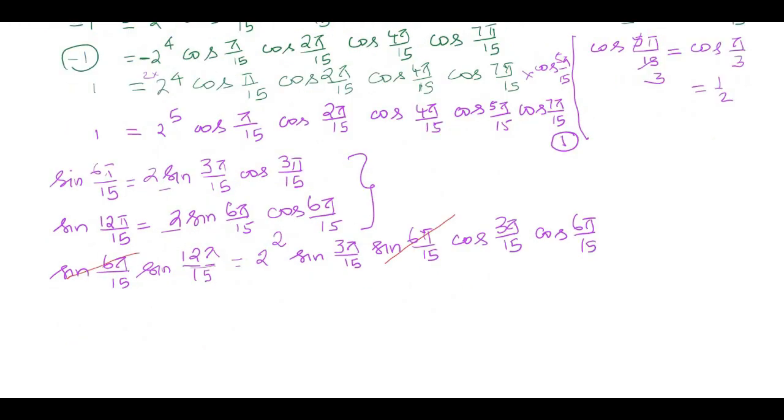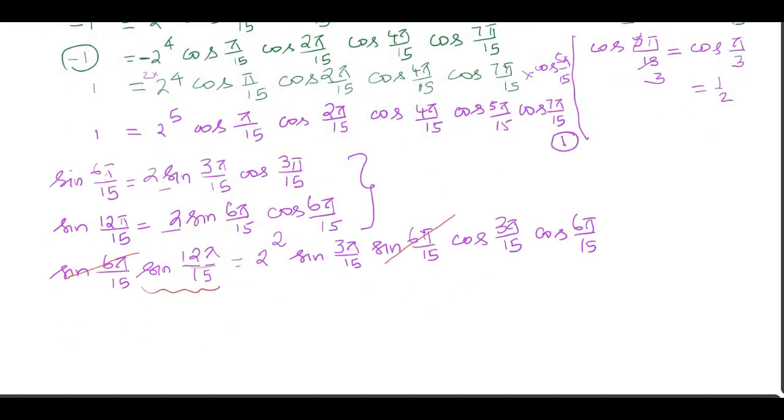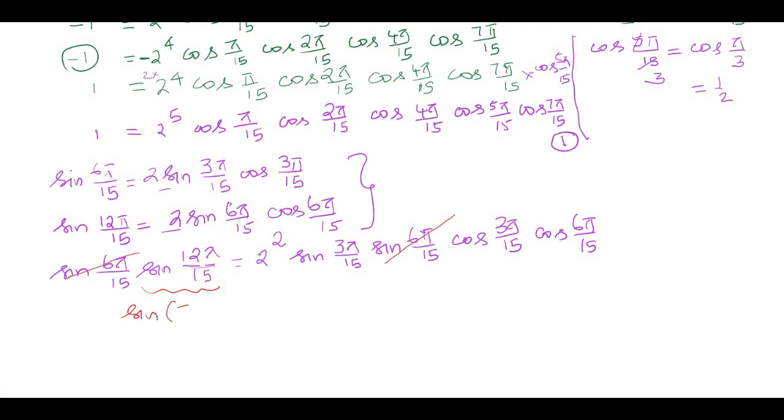Also, sine pi minus 12 pi by 15, which is same as sine 3 pi by 15. So, sine 12 pi by 15, you can cancel with sine 3 pi by 15.